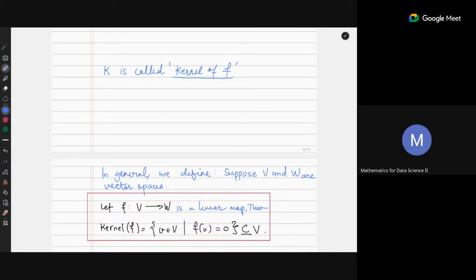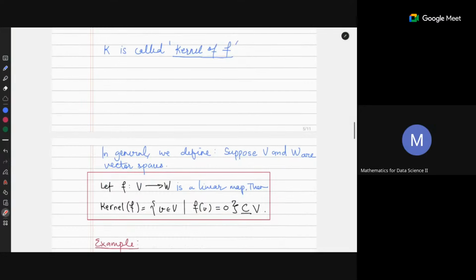Then the set of all vectors in the domain which map to the zero vector of the codomain is called the kernel of the linear map. Okay, and it is clearly a subset of the domain, and in particular, it is a subspace of the domain.